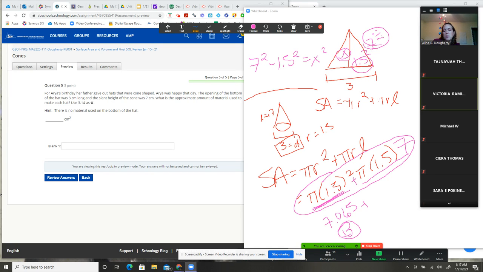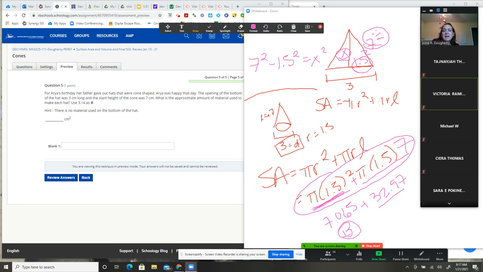And then plus 3.14 times 1.5 times 7. This is going to be the lateral area, 32.97. So then if you add those up, 32.97 plus 7.065, you get basically 40 centimeters.